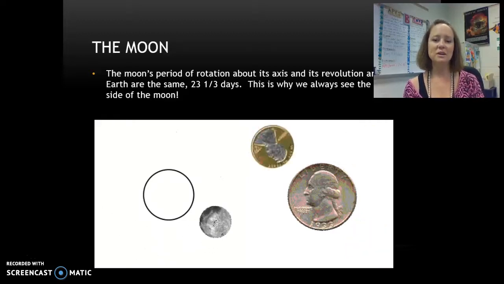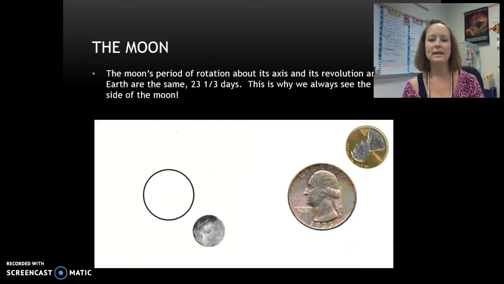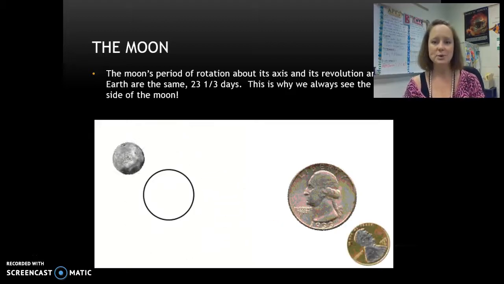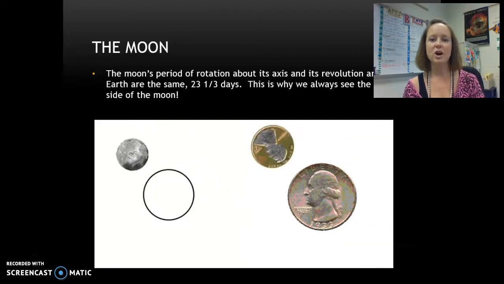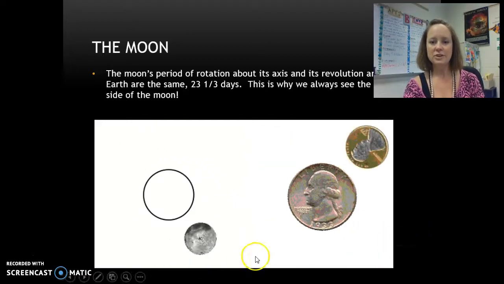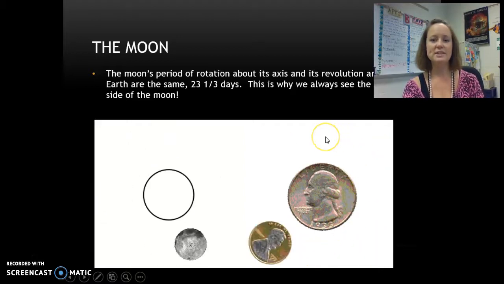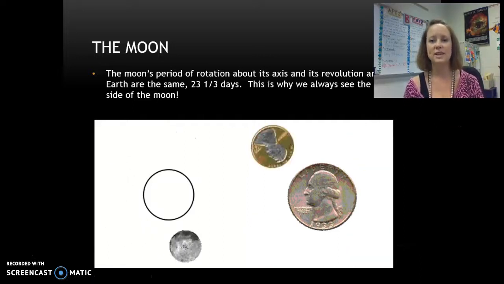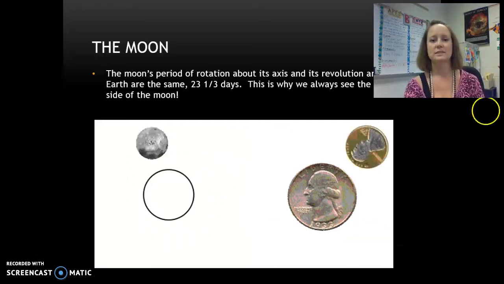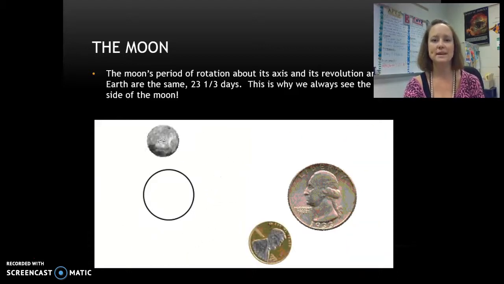To visualize that a little bit better, on the right I've given you an animation of a quarter and the penny. If you imagine that the penny is the moon and Abe Lincoln's head is the side of the moon that we always see, you can see how it changes. When it's here, he's upright, and when he's here, he's upside down. So that shows us that yes, that penny is in fact rotating while it's revolving. So no matter where you are on Earth, you're always going to see that same side of the moon.